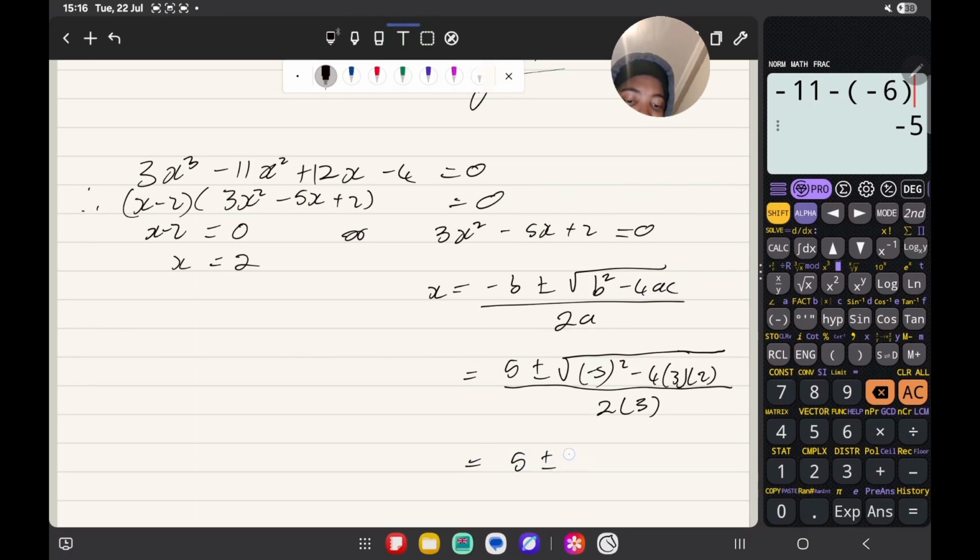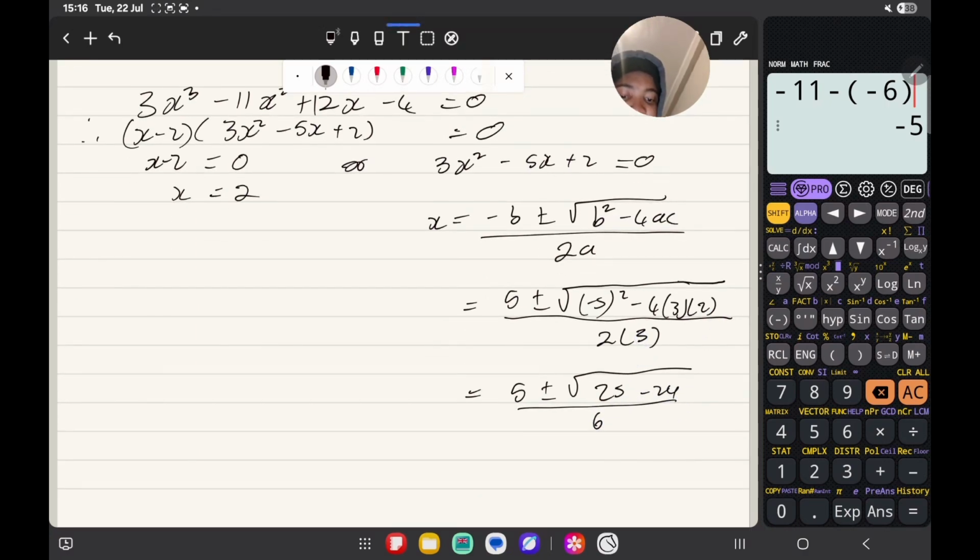5 plus or minus square root of 25 minus 24, over 6. You have 5 plus or minus 1, over 6. What is happening? It looks like we have factors of these things after all, right?